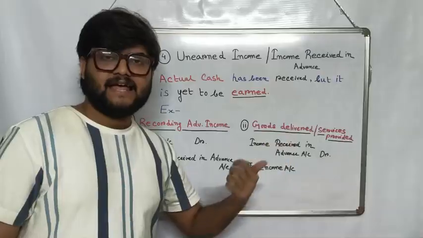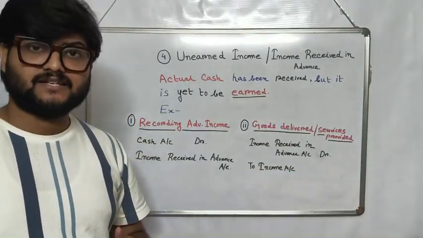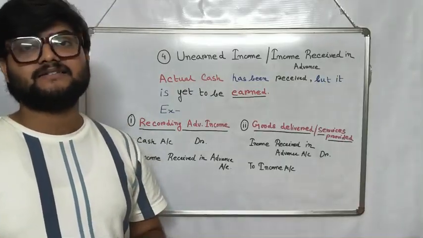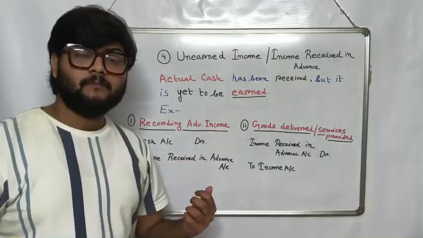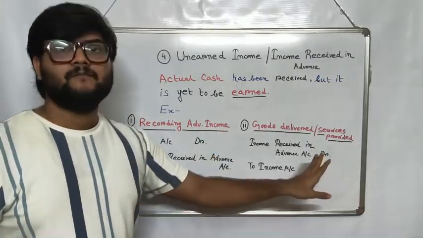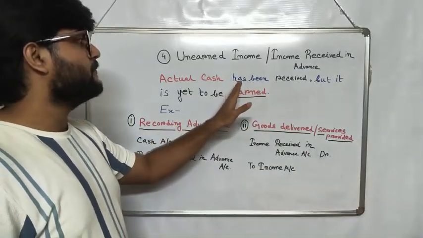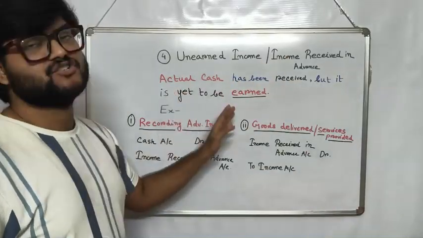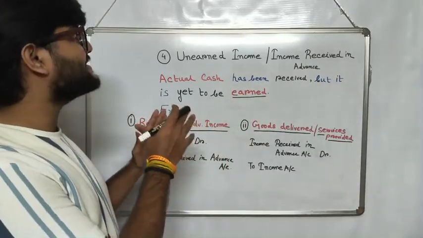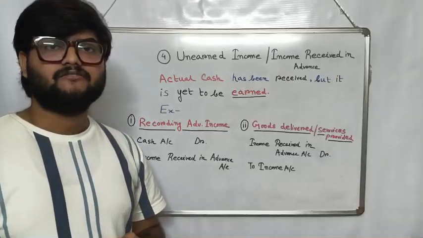Earned means that the goods are not delivered by us yet, or the services are not rendered by us as of now. But before the delivery of goods or the rendering of services, the advance actual cash income has already been received by us.